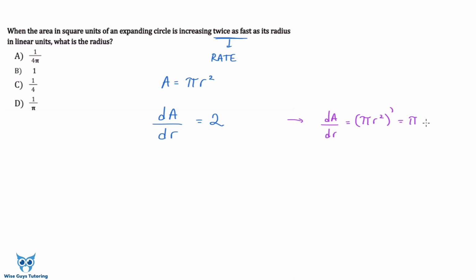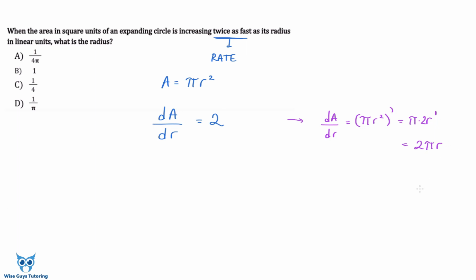The power rule states that you decrease your power by 1 while bringing it down as a coefficient, a multiplier, right? So the 2 goes down, becomes 2r, and instead of a 2, you're left with 1. Now if I clean this up a little bit, it's 2 pi r, right?